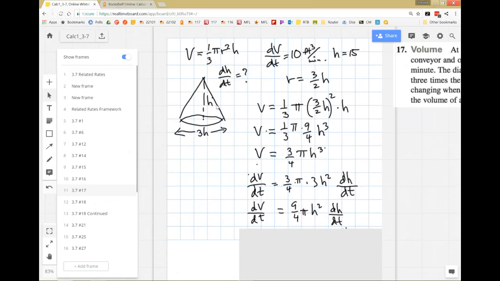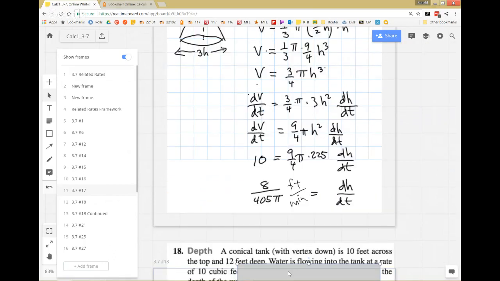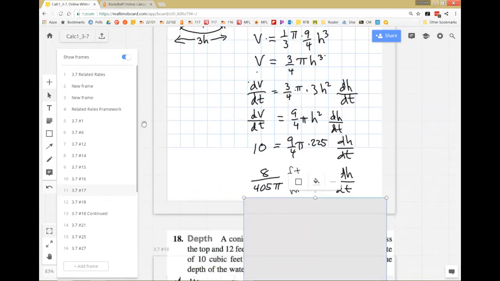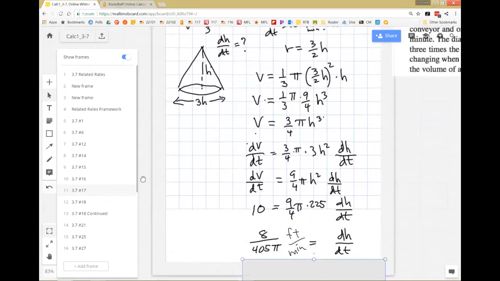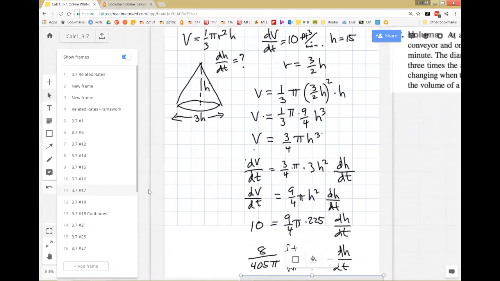Now, all we've got to do is make the substitutions that relate to the top there. So, see if we can see it up there. Yeah. So, in place of h, we plug in 15. 15 squared is 225.